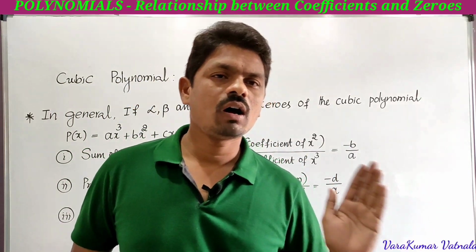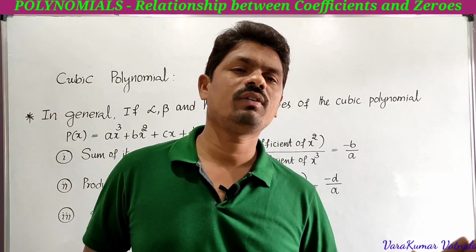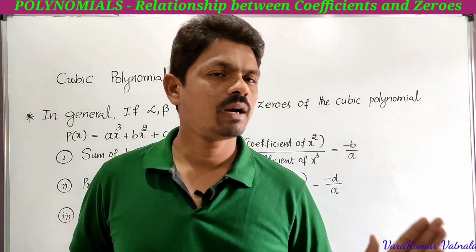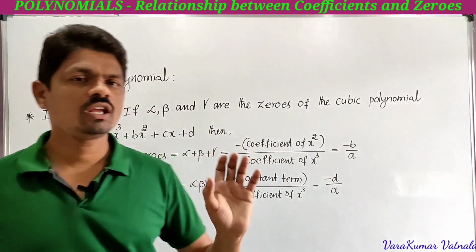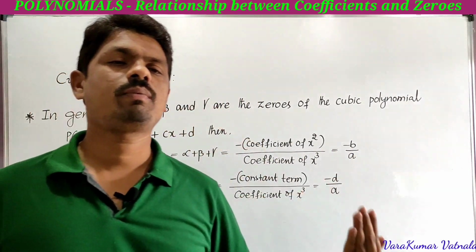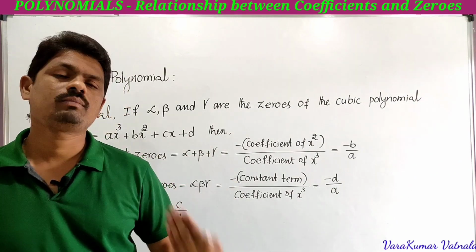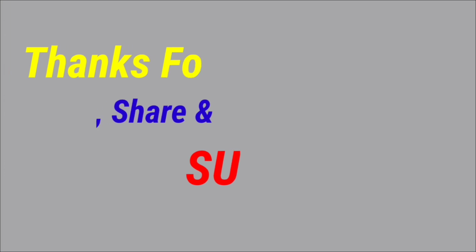Next, the third one: alpha into beta plus beta into gamma plus gamma into alpha is equal to c by a. So these three things you have to remember to do problems in the next exercise 3.3. Next we have to do problems from the 3.3 exercise.